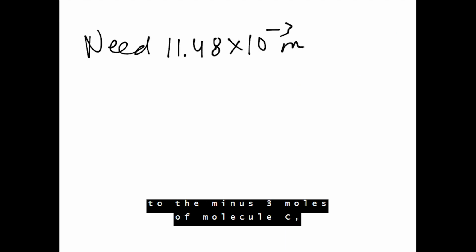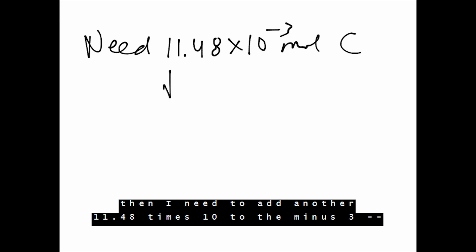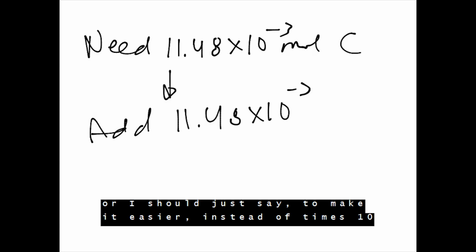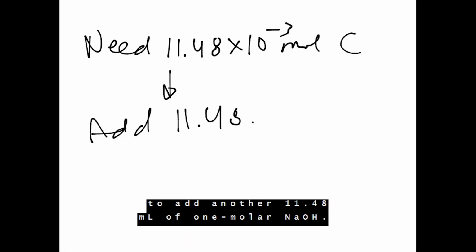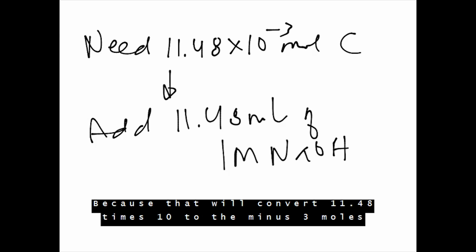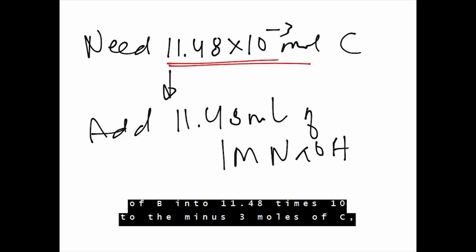Since I need 11.48 times 10 to the minus 3 moles of molecule C, I need to add another 11.48 milliliters of 1 molar NaOH, because that will convert 11.48 times 10 to the minus 3 moles of B into 11.48 times 10 to the minus 3 moles of C, which is what I needed to have in my final buffer.